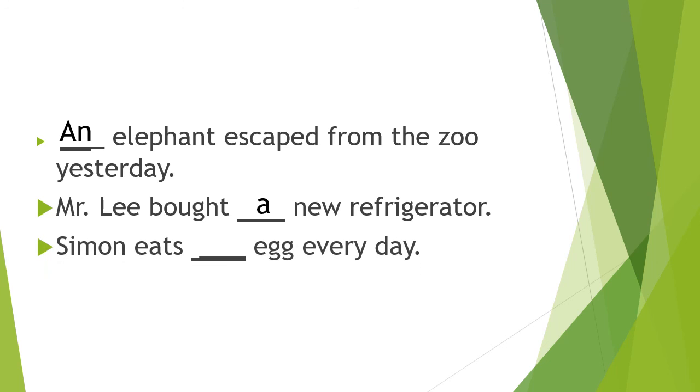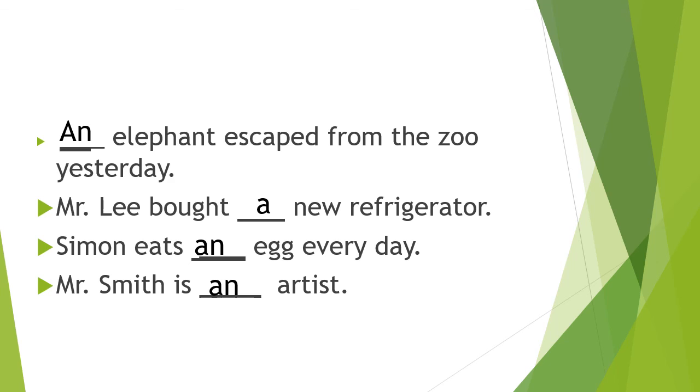Next is Simon eats dash egg every day. Here comes an because egg has a vowel sound E. Simon eats an egg every day. Mr. Smith is dash artist. Here comes an.